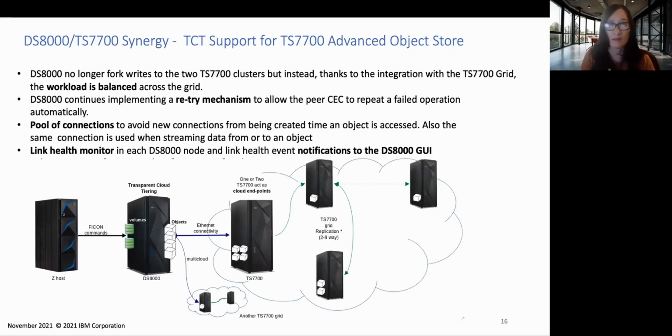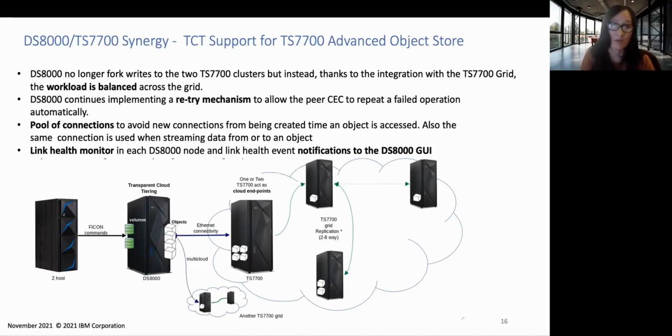And this definitely mimics how we do FICON today, right? Where your host can target two 7700s and load balance between them. Same thing here. DS8000 will now load balance the workload coming from z/OS, targeting two 7700 clusters. And then those 7700 clusters will be in charge of replicating that data anywhere else in the grid if you need another copy.